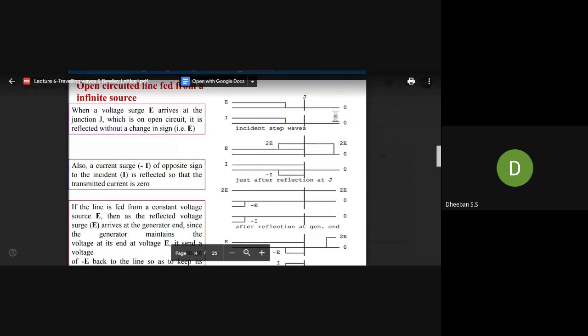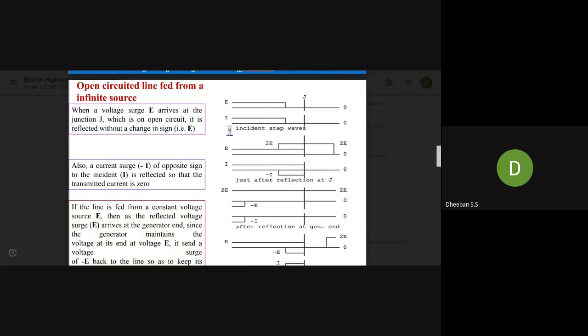It is open circuited, so there won't be any kind of current flow or any kind of voltage. So whatever current is entering will be reflected, so you will be getting out negative of I.